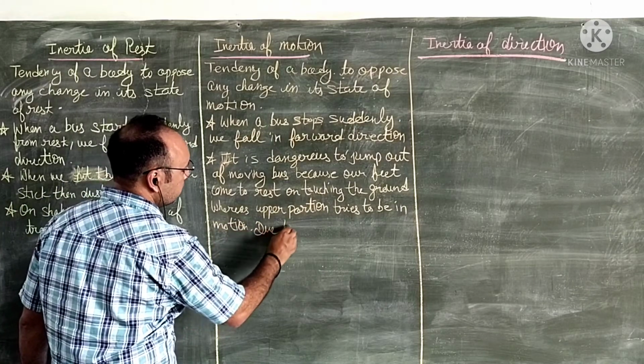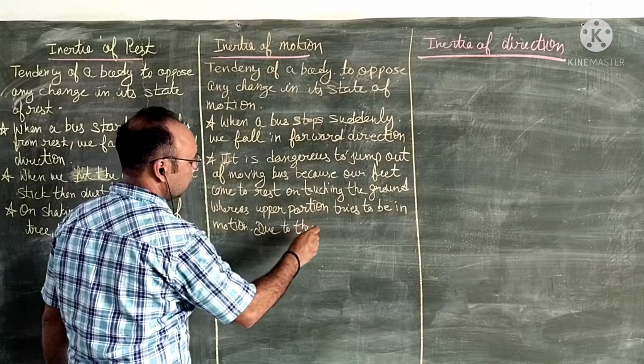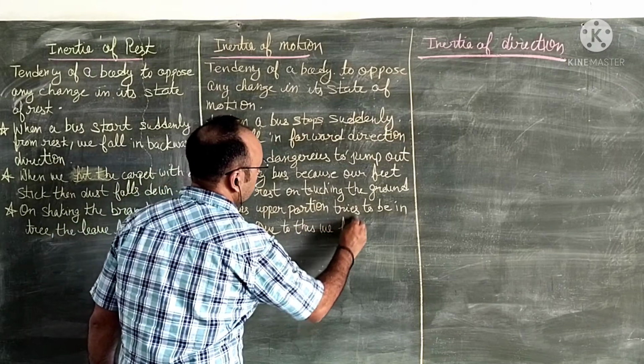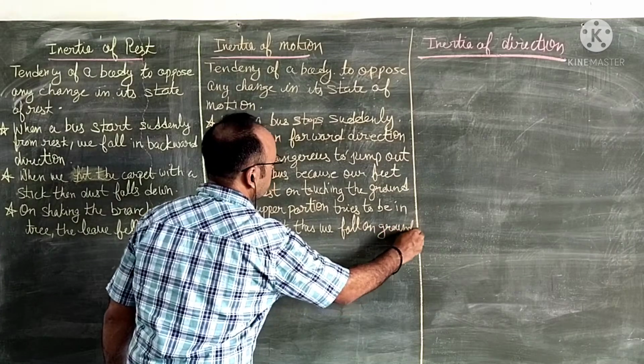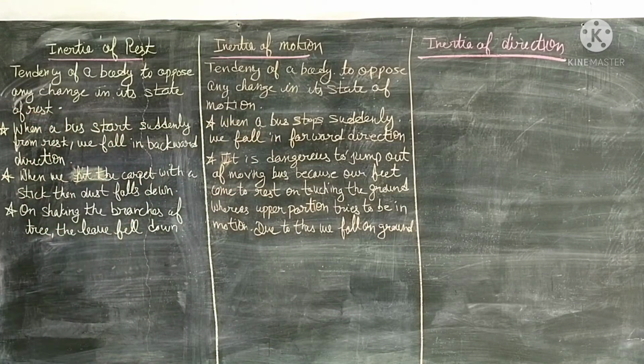Due to this, we fall on the ground. So there are a number of examples for explanation of inertia of motion that you can observe, write on your own, and share with me.